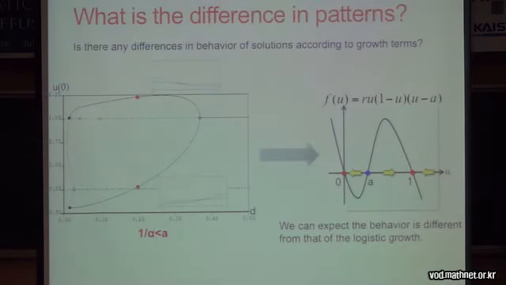So what about this case? 1 over alpha is less than A. In this case, the global structure of the stationary solution is like this. At this point, some solution profile, the global structure solution branch, appears like this.